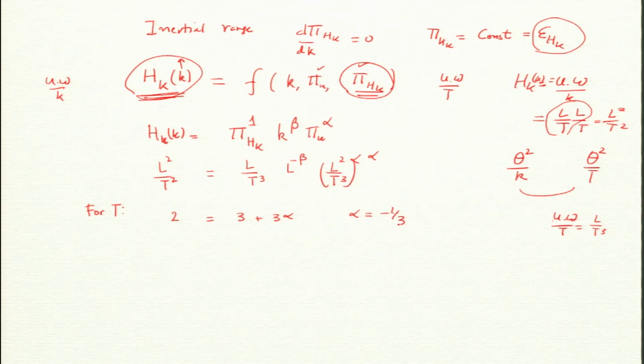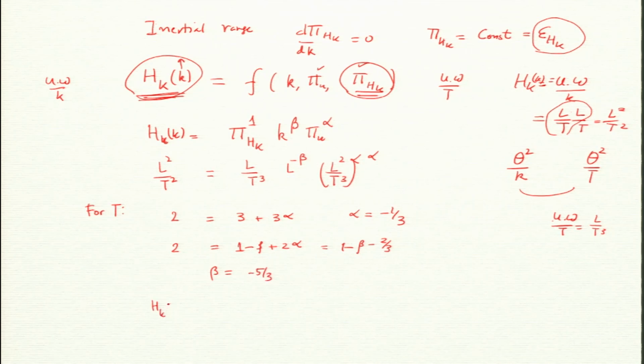Minus 1/3. Now, what about beta? So, 2 equal to 1 minus beta plus 2 alpha. So, 1 minus beta minus 2/3. So, beta equal to 5/3. So, 2 goes, minus 1 minus 2/3 is minus 5/3.